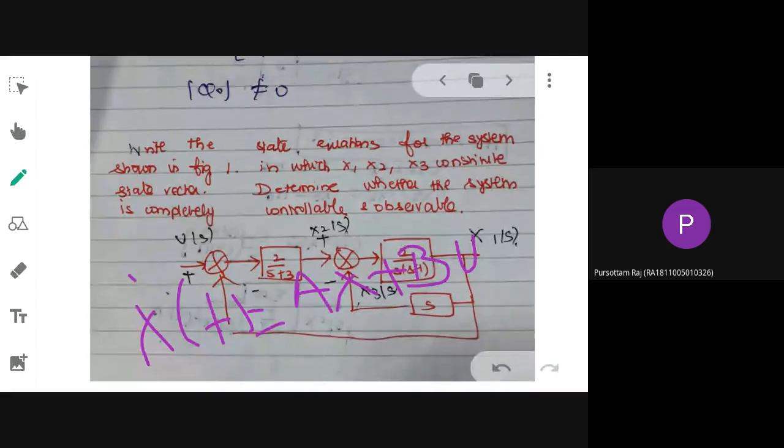All right. So you need to write these equations by choosing some set of state variables. They have given it in the problem. What are the variables that you have to pick? X1, X2, X3 you have to pick. And they have also asked you to find out whether the system is completely controllable and completely observable. So how will you solve the problem?